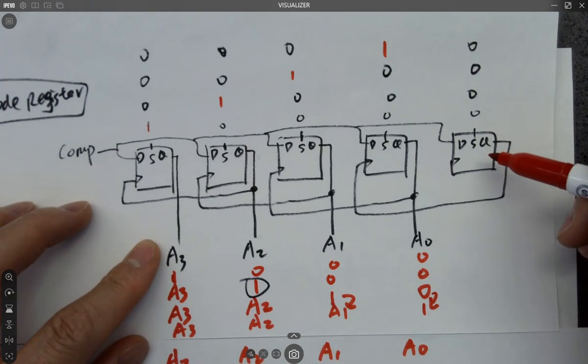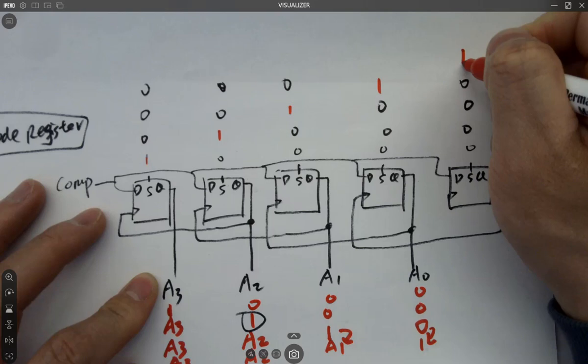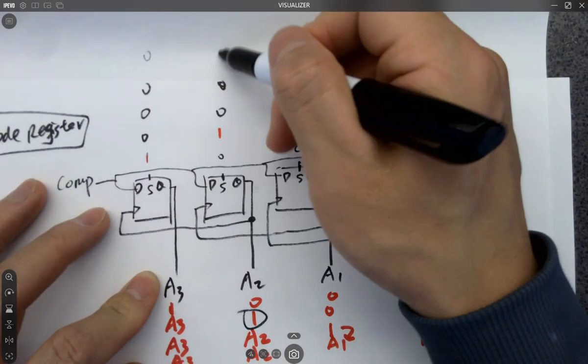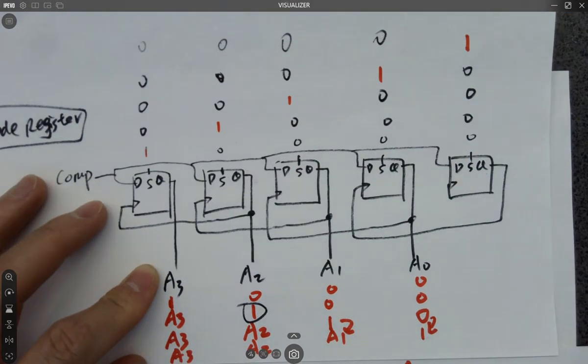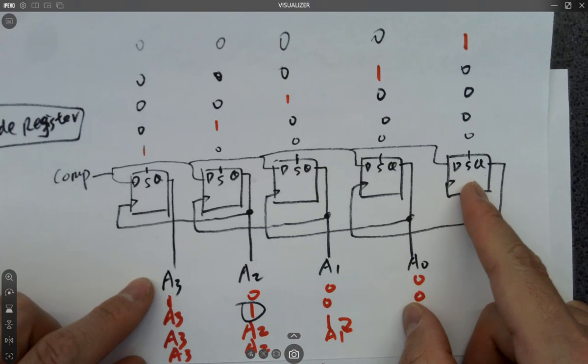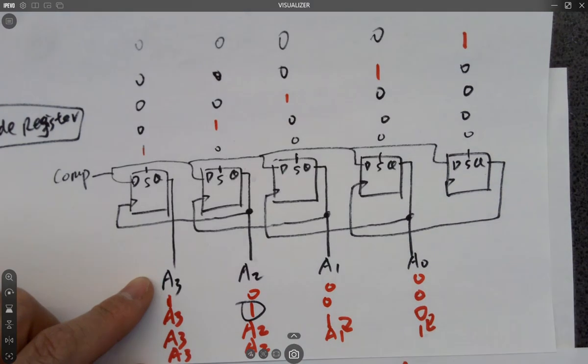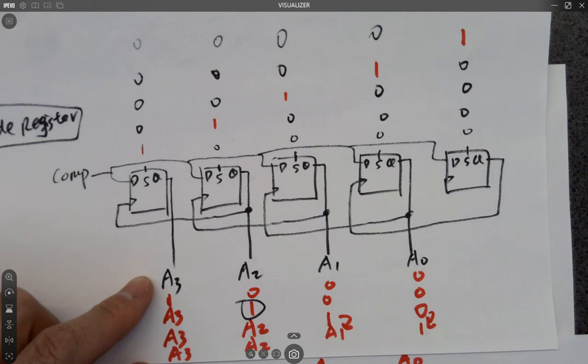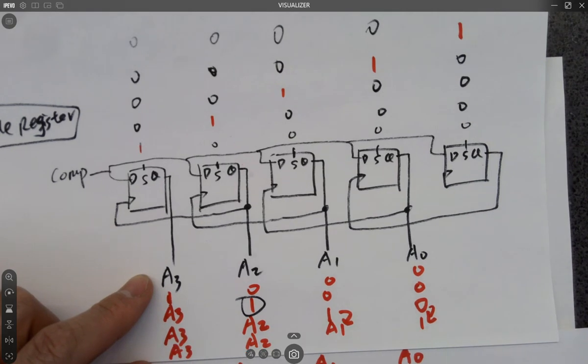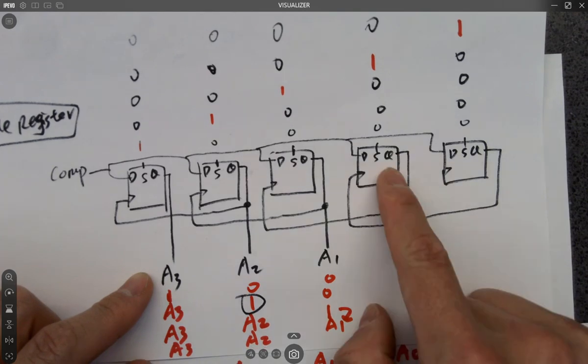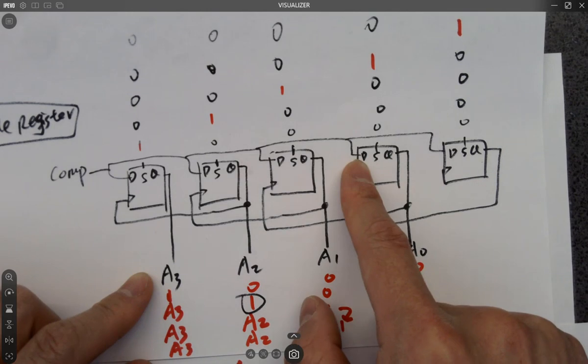Why do we need the fifth one? For A0, yes. For A0, what is it? Clock, right? Because A0 needs a following one to provide a clock, a rising edge to it.